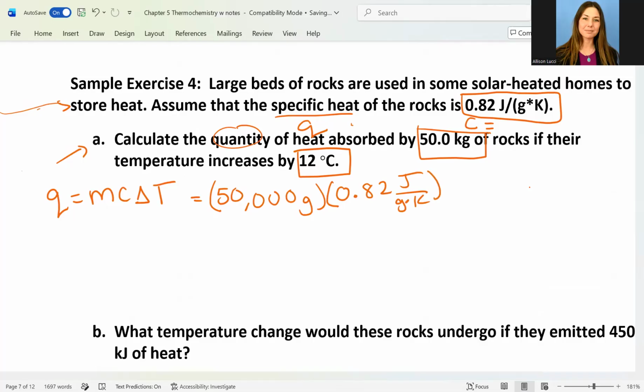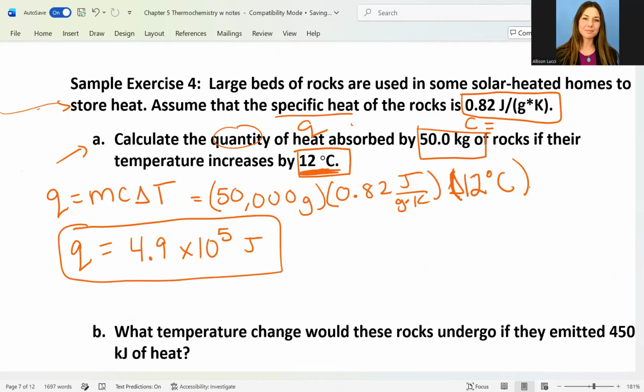I'm given the change in temperature of 12 degrees Celsius, so I don't have to solve for my delta T. I just plug in and multiply each of these values. I'll solve for Q, which is the quantity of heat absorbed. So this is going to be a positive value, 4.9 times 10 to the fifth joules, if we round to the correct number of significant figures.